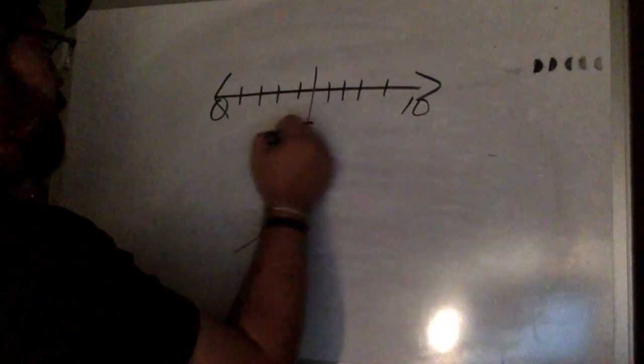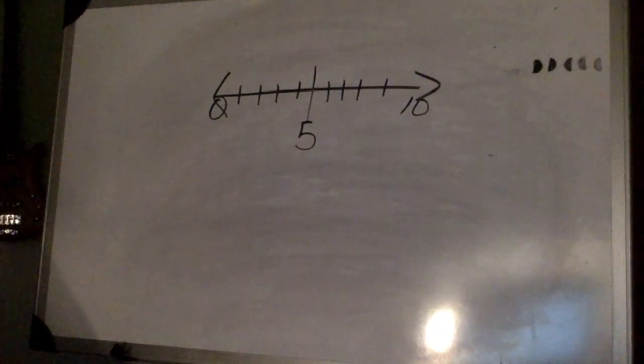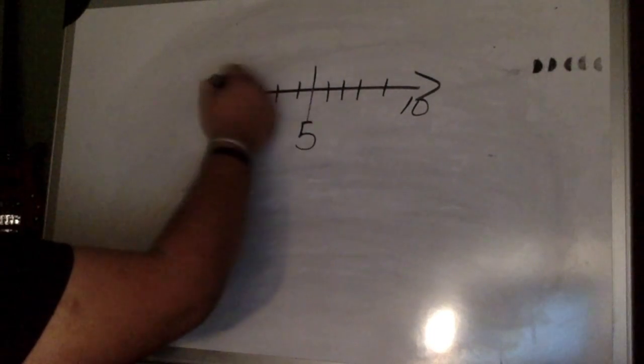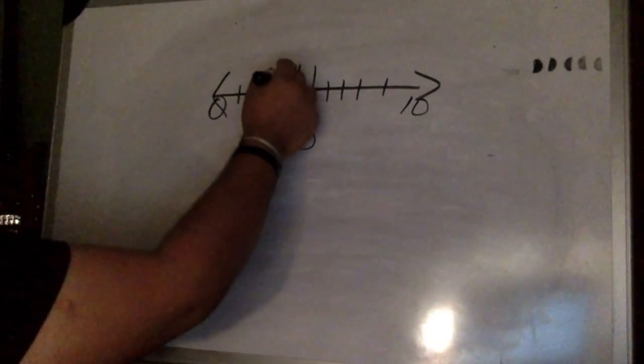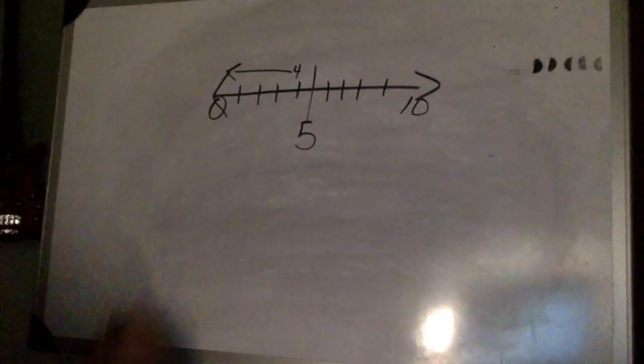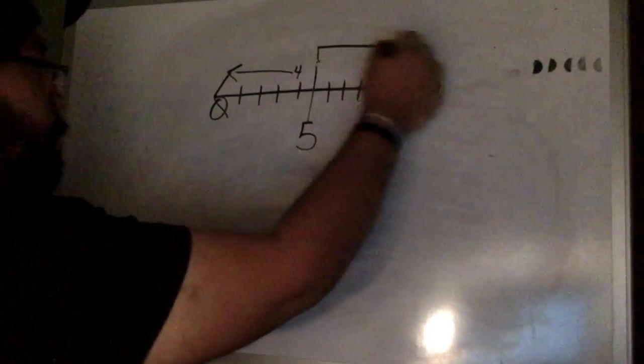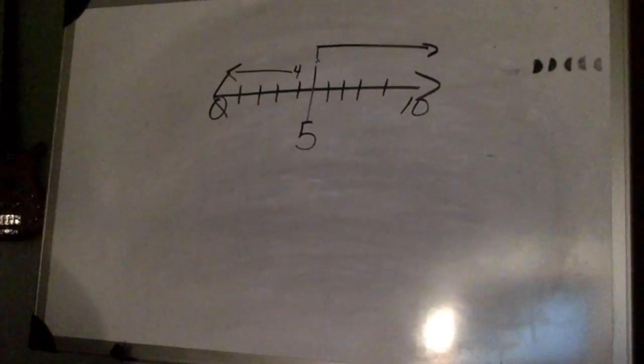Here's 5 in the middle. When rounding, any number from 0 to 4 will always round back. Any number from 5 and above will round to the next 10. That's the way I have found it to be most effective and easiest to remember.